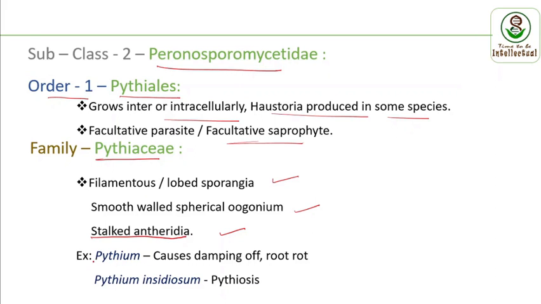The very important genus we see is Pythium, which causes damping off and root rot. Under it we have another species, Pythium insidiosum, that causes pythiosis. These are the symptoms which exist, and based on that we classify such organisms: damping off, root rot, pythiosis. But the genus Pythium is common here.